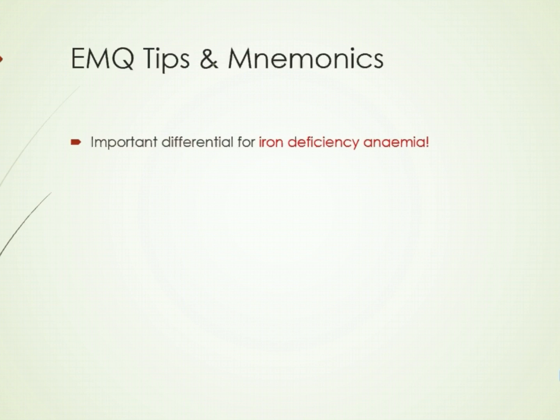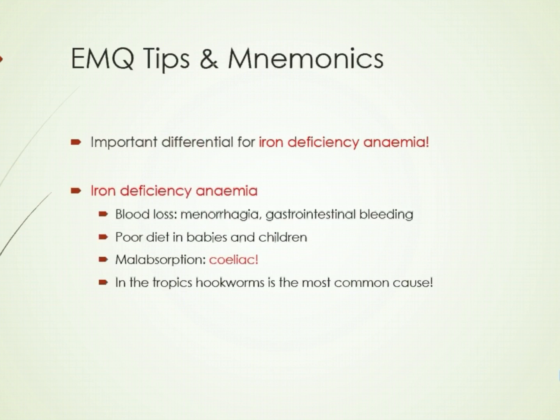The most important tip is that it's an important differential for iron deficiency anemia, and now is as good a time as any just to quickly revise iron deficiency anemia. The common causes being blood loss, such as menorrhagia or in GI bleeding, poor diet in babies and children, malabsorption in celiac disease, and in the tropics, hookworm can cause iron deficiency anemia.